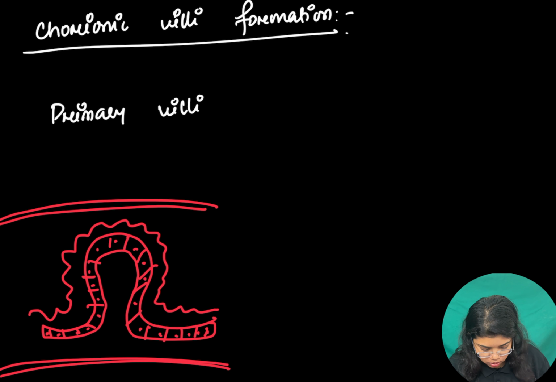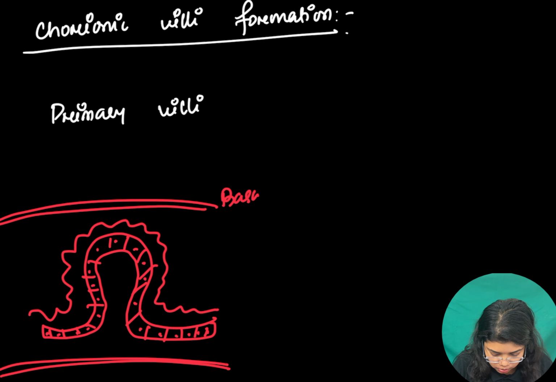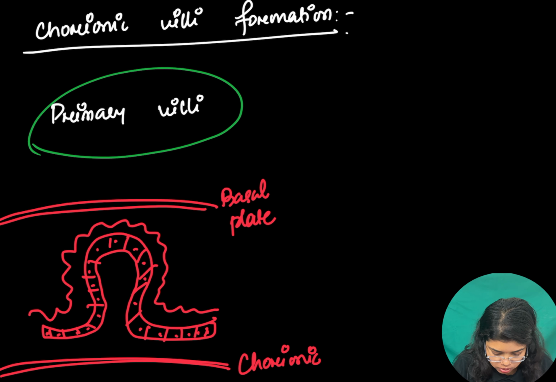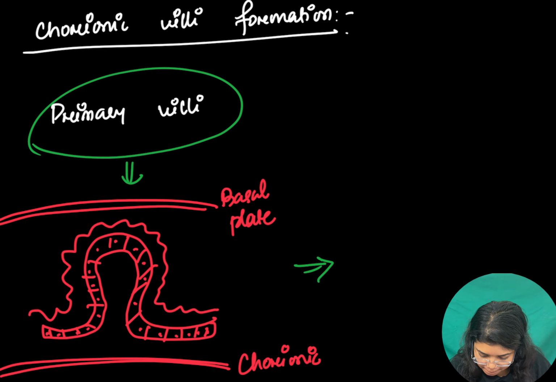This is the chorionic plate and the basal plate. Here this is the primary villi. Then what happens when the extraembryonic mesoderm invades into the cytotrophoblast layer?